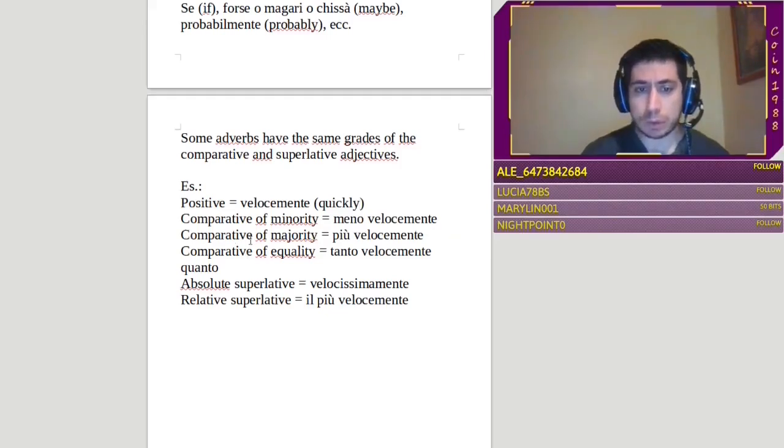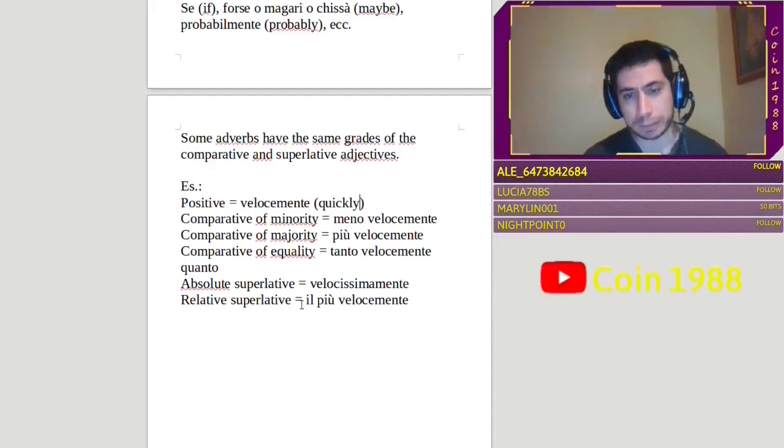The comparative of majority, più velocemente. The comparative of equality, tanto velocemente quanto. And about the superlative, we will have the absolute superlative that is velocissimamente, or the relative superlative, il più velocemente.